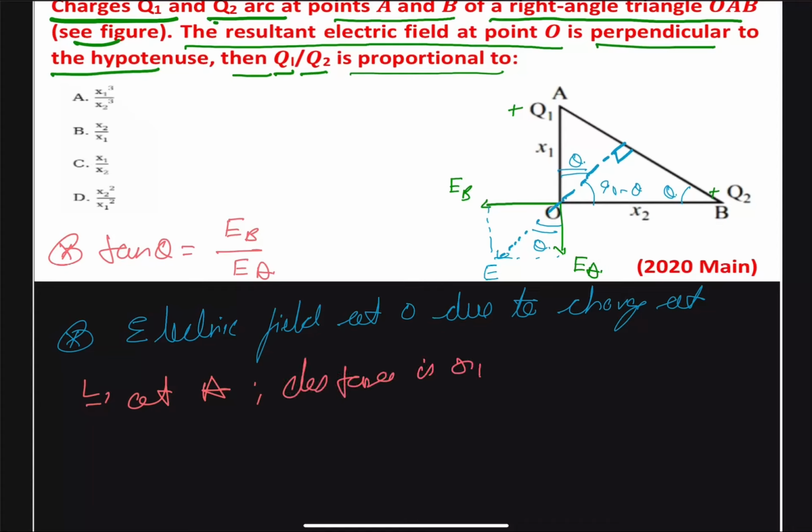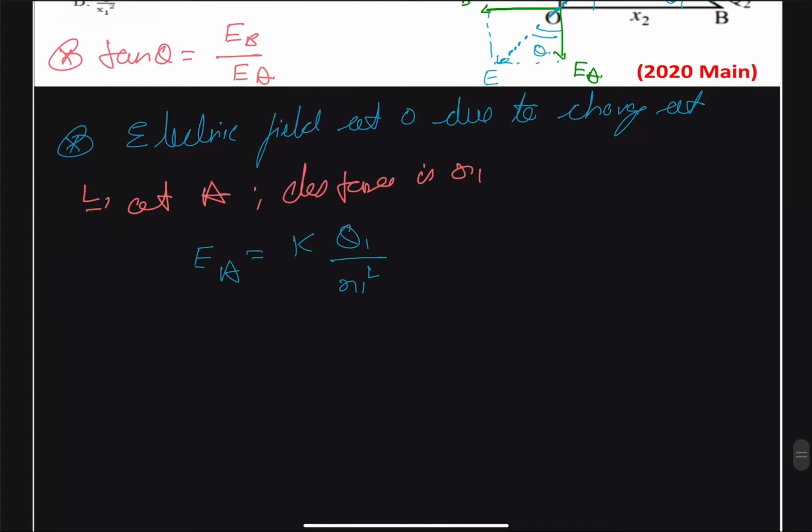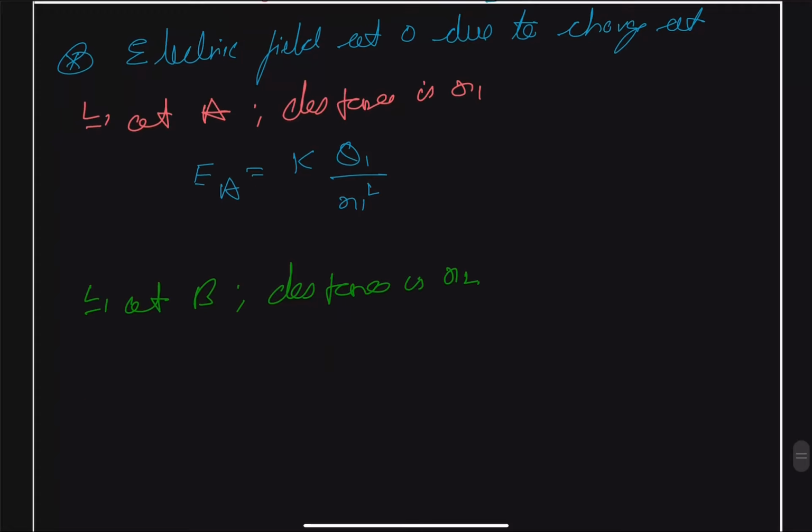Therefore we can write that our EA will be equal to K Q1 upon x1 square. Similarly, for the charge at B at distance x2, we can write our EB will be equal to K Q2 upon x2 square.